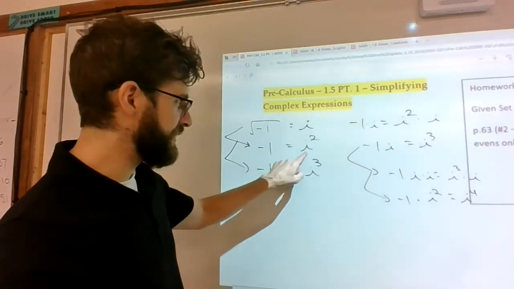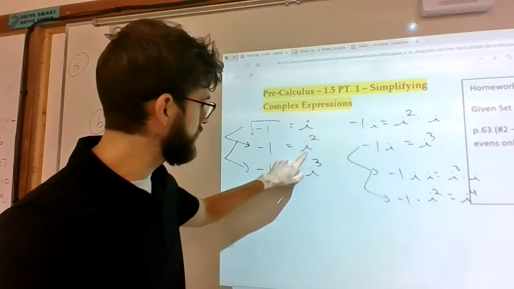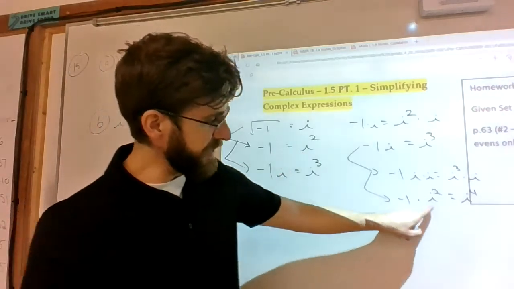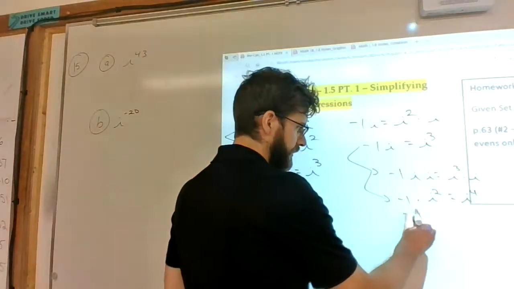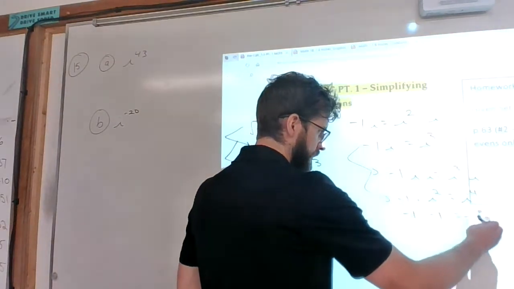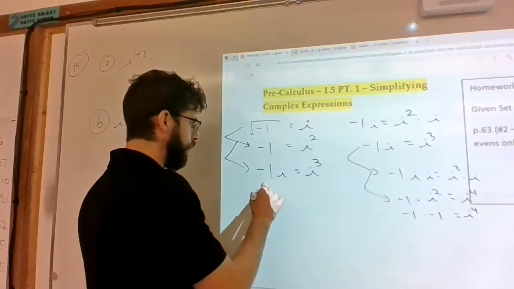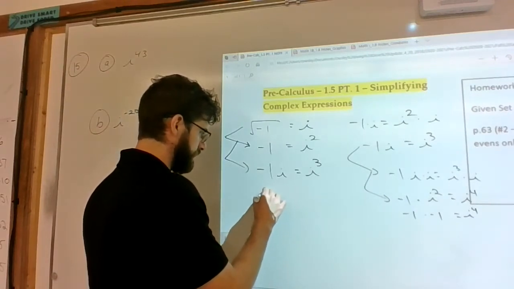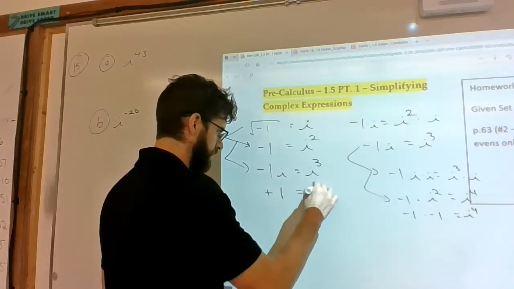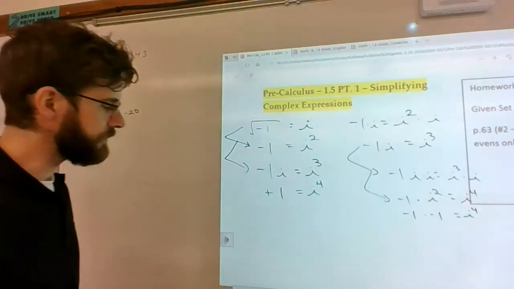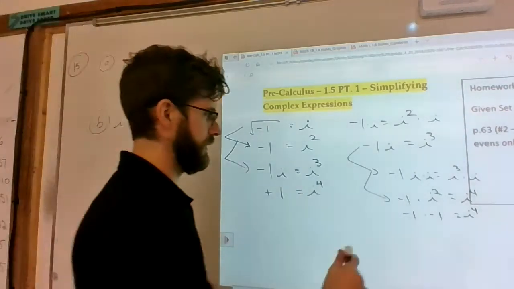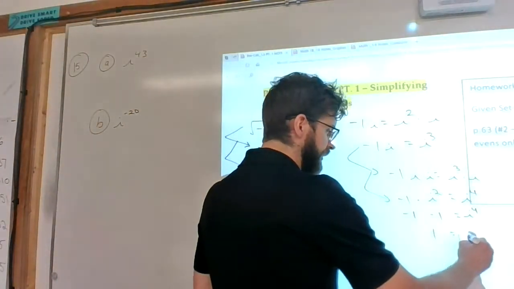It starts to loop because we already know what i squared is. It's -1. So you replace that i squared with -1. It's -1 times -1. It's +1. Whoa. So 1 is equal to i to the 4th.